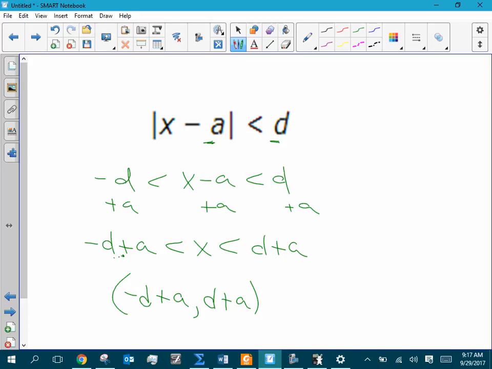If you wrote it, like I said, as A minus D, and either D plus A or A plus D again, doesn't matter. Both those should be accepted by the website. But I'm just trying to get you to remember, regardless of what numbers you use, A can be anything, D can be anything. What is the process? And that's showing you the process. Does that make sense?